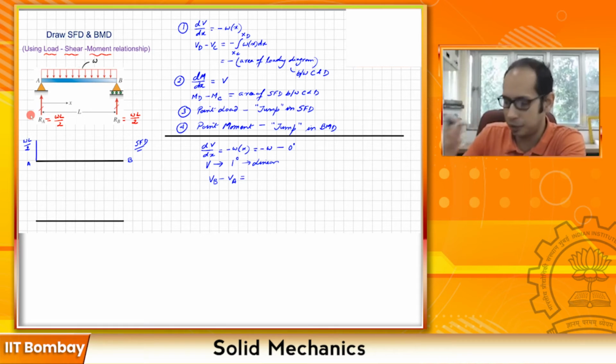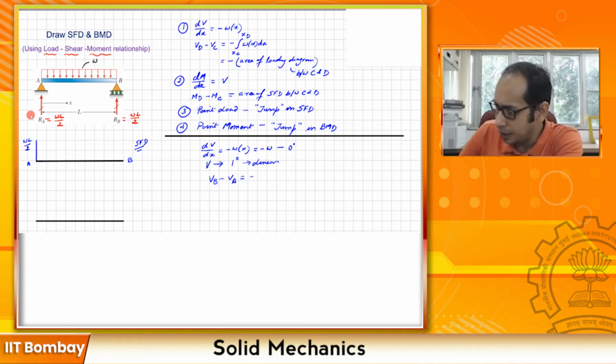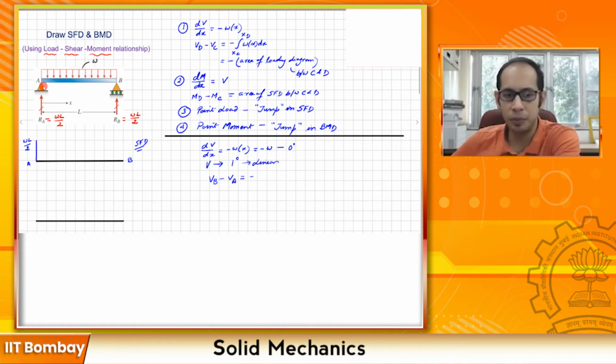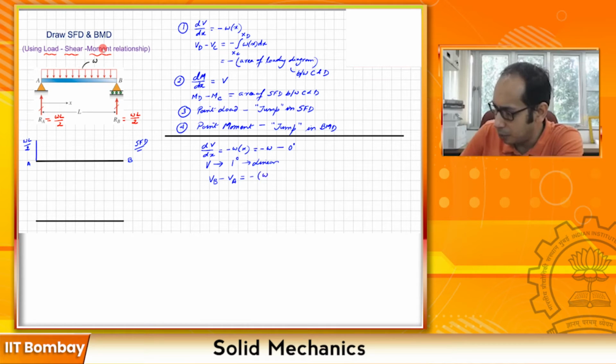So Vb minus Va will be the negative of the area of the loading diagram between B and A. And what is the value of the area of the loading diagram? The loading diagram has an ordinate of W and the length is L over here. Okay, so Vb minus Va will be equal to minus W times L, right?